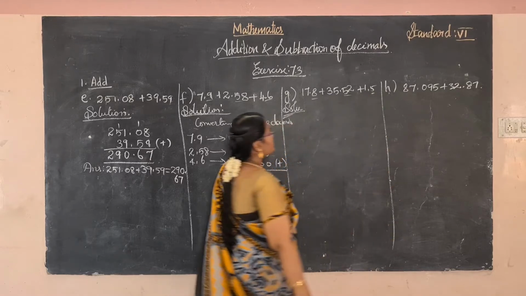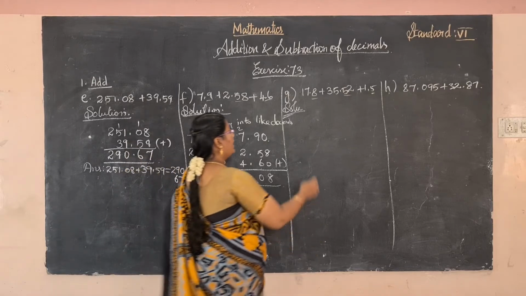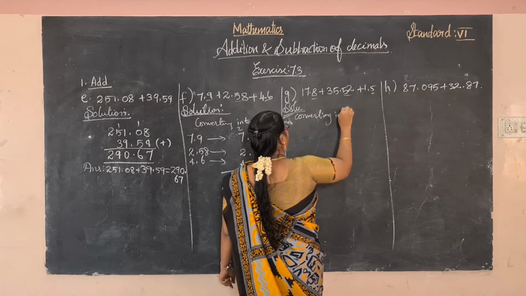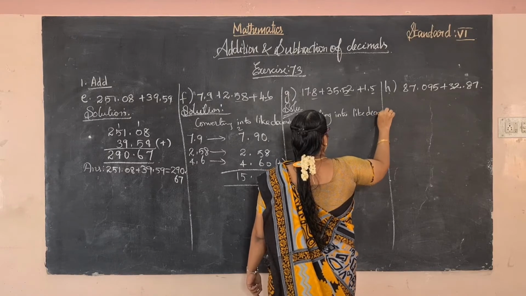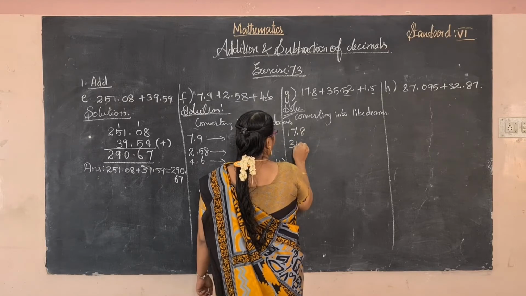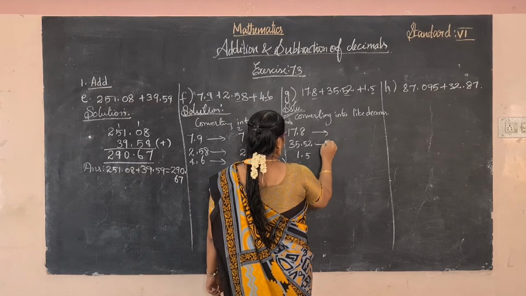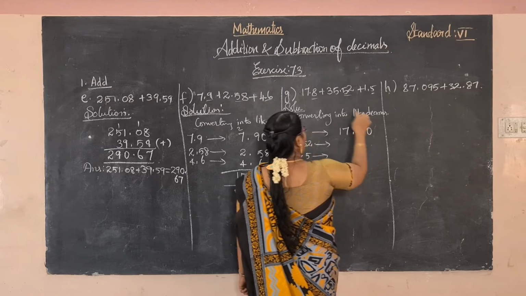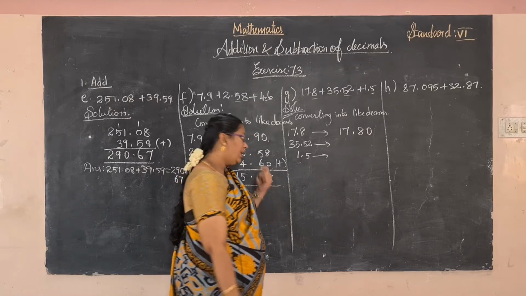Check the decimal places. Here also unlike decimals are given, so convert them into like decimals. So 17.8, 35.52 and 1.5. For 17.8, the highest decimal place value is 100th, so a 0 is added on the right side of the given decimal.